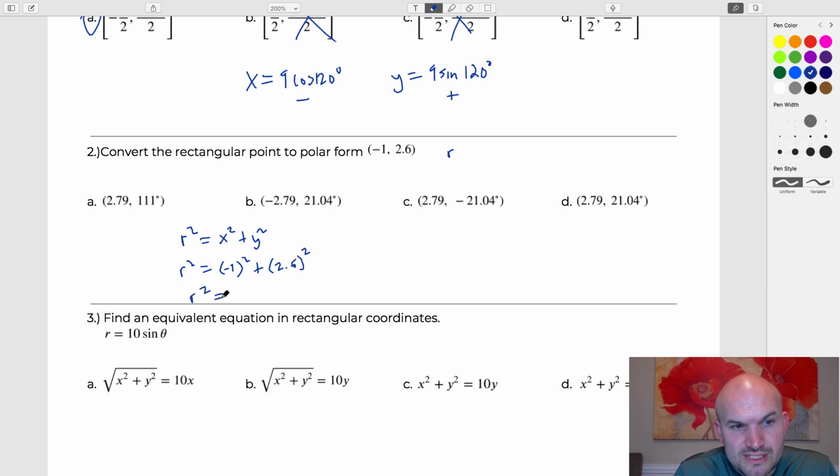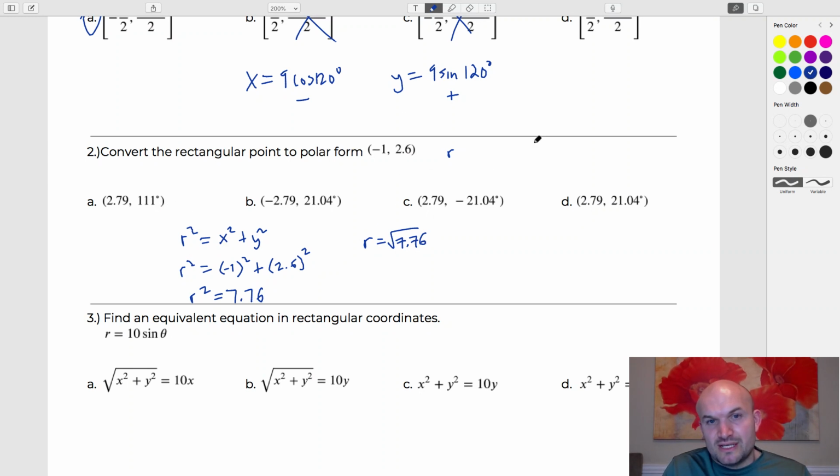Negative 1 squared is 1, so 2.6 squared plus 1 is 7.76. And then r is going to equal the square root of 7.76, and I get 2.79.